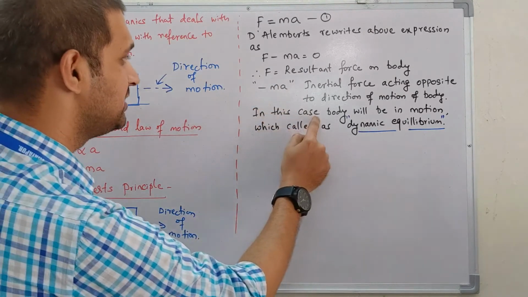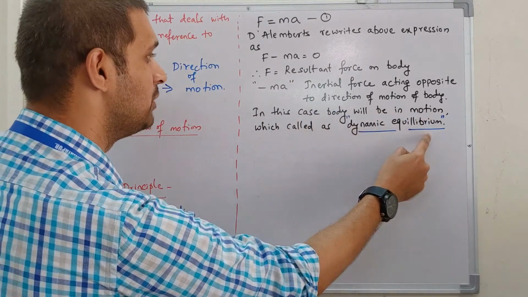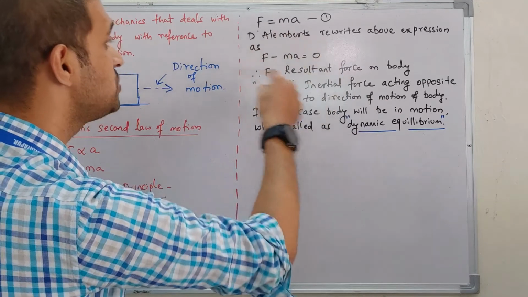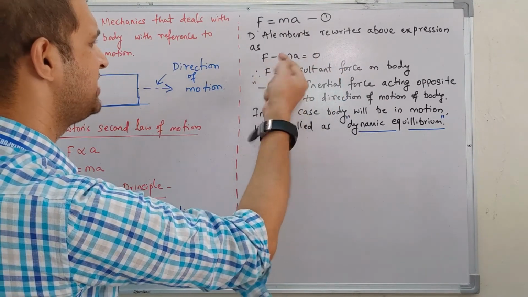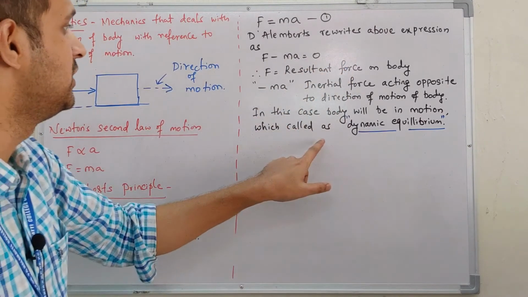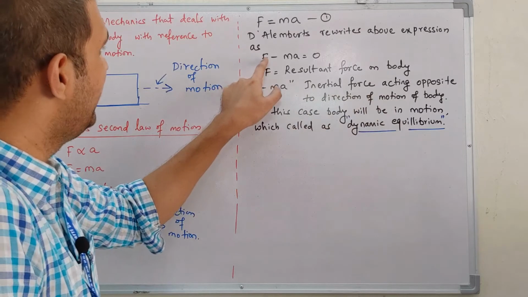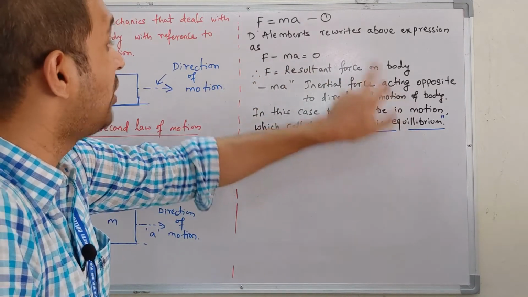In this case, the body will be in motion, which is called dynamic equilibrium. You should not get confused with static equilibrium. When we said earlier that summation Fx and summation Fy are 0, we called it equilibrium, which is static equilibrium. Here, when F minus ma is equal to 0, we call it equilibrium but not static.